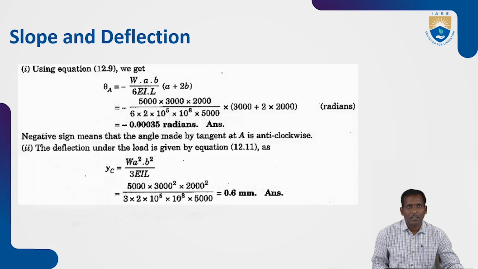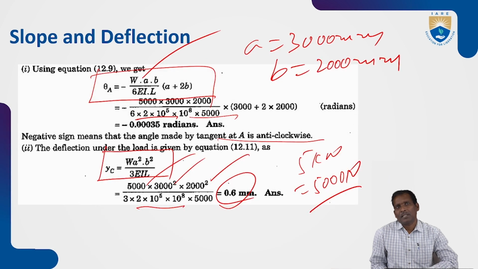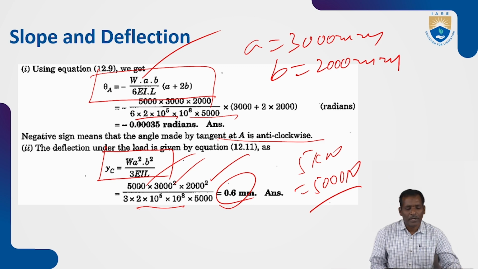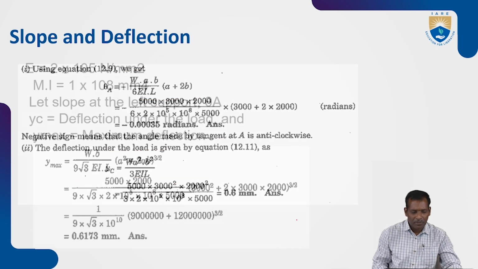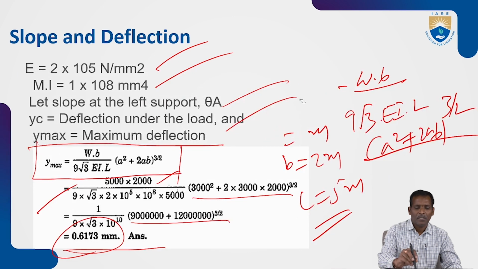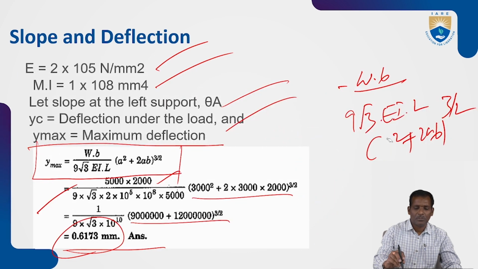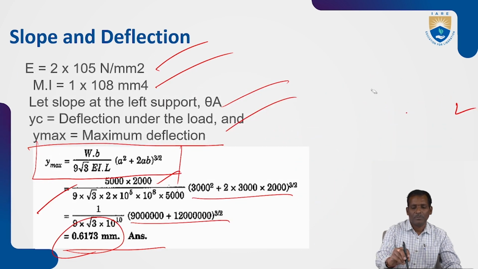But in the previous calculation, the normal calculation, the deflection under the load at C point is W A square into B square by 3EIL. By using this equation we calculated and got 0.6. But here, compare these two values, which one is maximum.